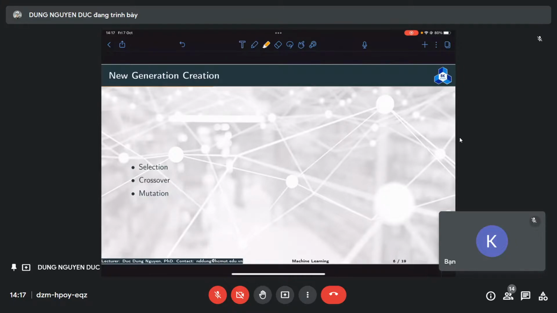And second, we have crossover algorithms. Okay, crossover is an algorithm that allows you to make a new generation, make the offspring from individuals. There are several ways to do so. Mutation is a way to make your individual become different from what it is. So explicitly, you are going to change some gene inside the chromosome to make it special.